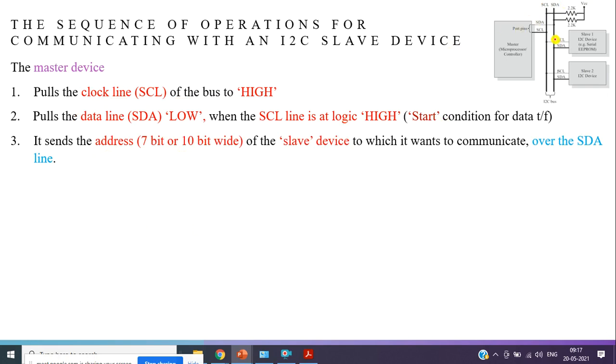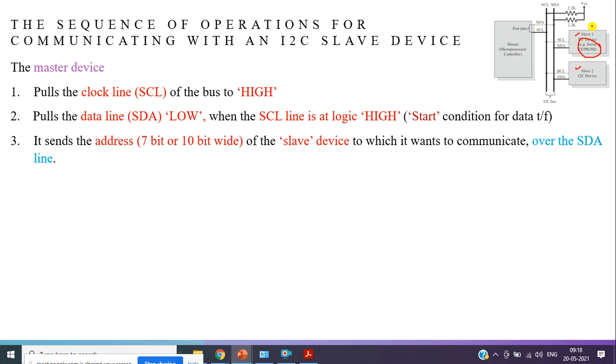Now, before transmission or reception of the data, since there are slave 1, slave 2, and similarly slave 3, 4, and n number of slaves attached to this I2C bus, to which slave you are trying to communicate, whether the master device is communicating with slave 1 or slave 2 or slave 3, can be ensured by sending the address.